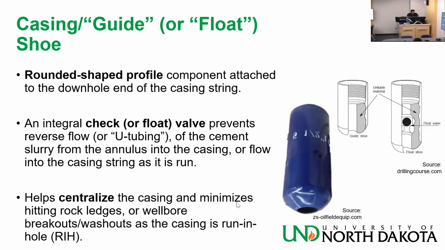It also helps centralize the casing and minimizes hitting on rock ledges. It's easy to move the casing string down, okay? It's shaped like a rocket, able to move through narrow pathways easily. I think you understand that. It also makes it hard to get stuck. So imagine if I was running a casing shoe where the end of it was like this.